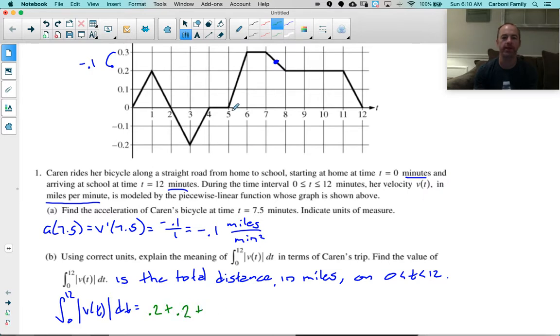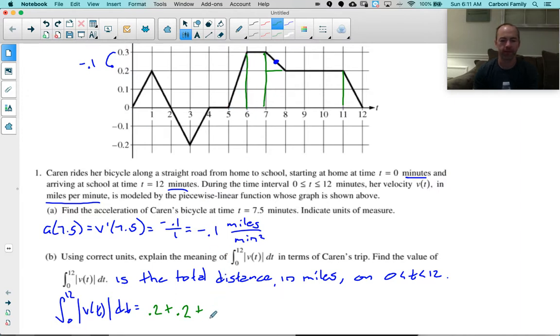And then I've got all of this chunk over here, and I'm not sure how I want to measure that. I think I'll block it off here, rectangle, and then do a triangle there. So this is an area, it looks like 1.5.